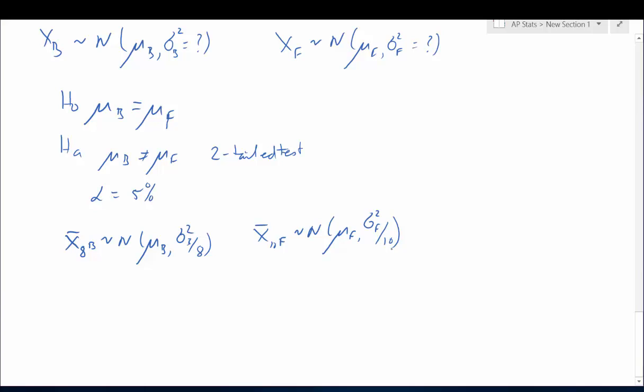So the difference in these means, which is what we're really testing, is, well, according to theory, combinations of normal random variables are themselves normal.